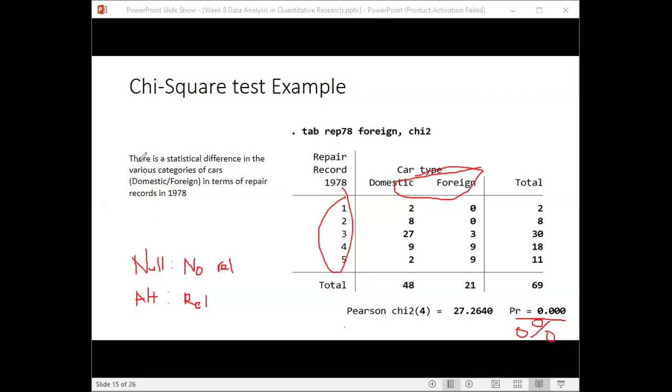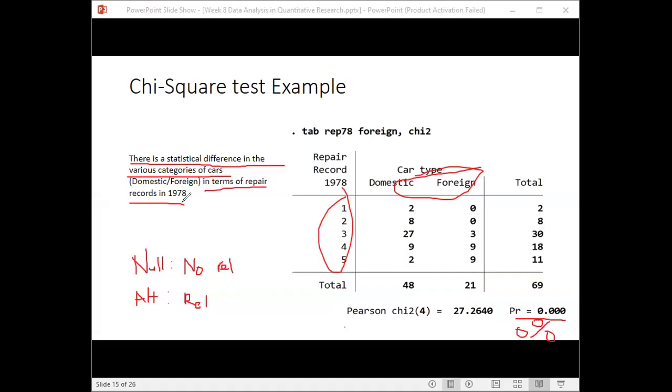So the conclusion is that there is a statistical difference in the various categories of cars, whether domestic or foreign, in terms of the repair records in 1978. And obviously there's a clear difference in some of them: 27 for domestic as against 3 for foreign among those who came to repair 3 times in 1978. So there's a clear relationship.